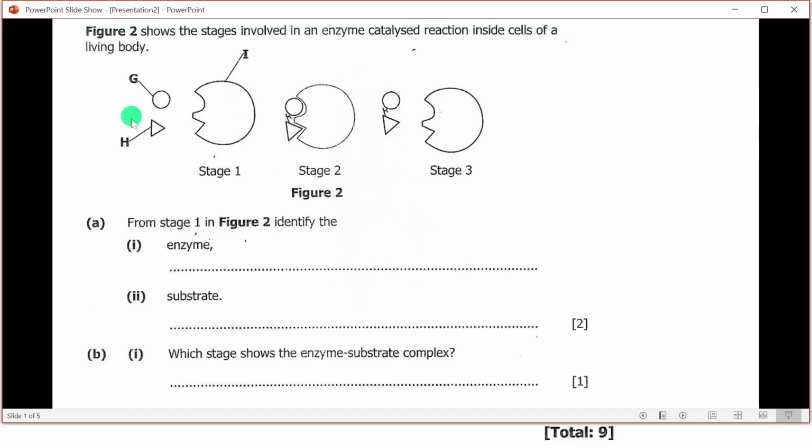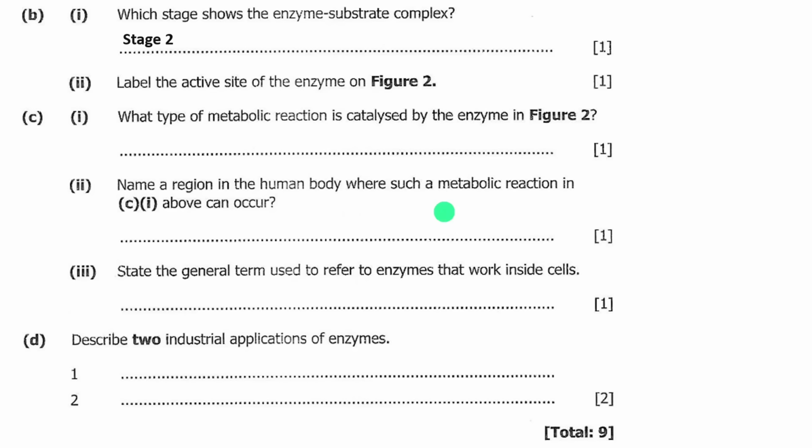Okay, so there is a combination or joining of two smaller molecules to form one big molecule here. Such a reaction has got a different name, as we are going to see. So when they ask what type of metabolic reaction is catalyzed by the enzyme in figure 2, we are going to say this is an anabolic reaction.